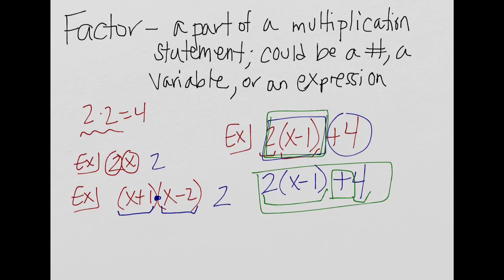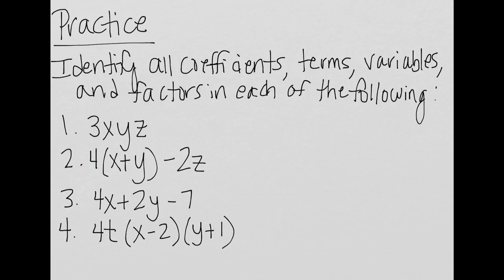But if I give you something that looks like this and ask you what the factors are, that's kind of like a trick question, honestly. There are no factors as it stands here. But now if I say, what are the factors of 3 times (x minus 1), you can give me those, 3 and then x minus 1. So be careful when you're talking factors that you're not including more than you need to.